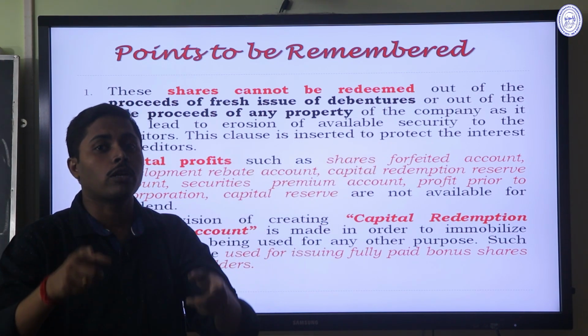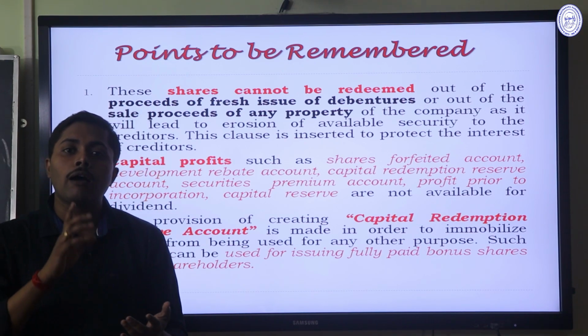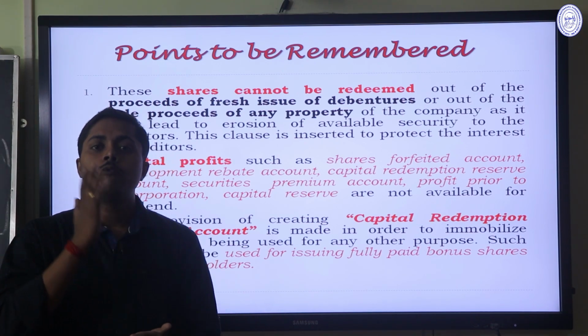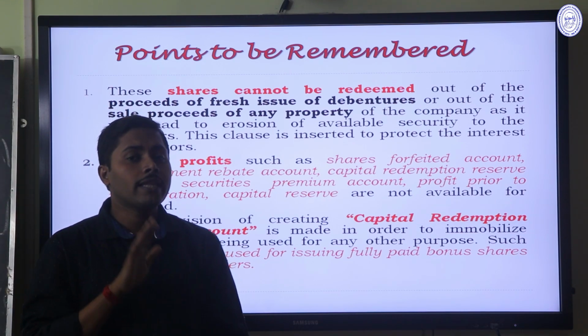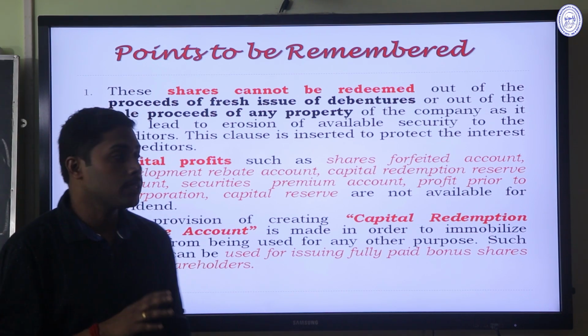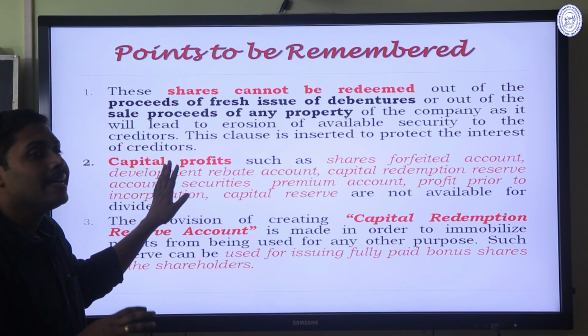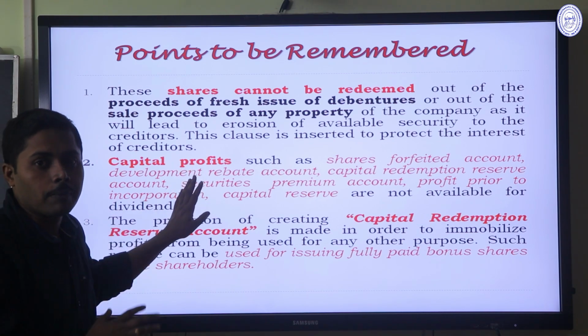This is the most important part. So, either the company will issue fresh equity shares or fresh preference shares before the redemption, or the company can utilize its free reserve balance. Now, what does it actually mean by reserve? Free reserve can be used for this purpose.